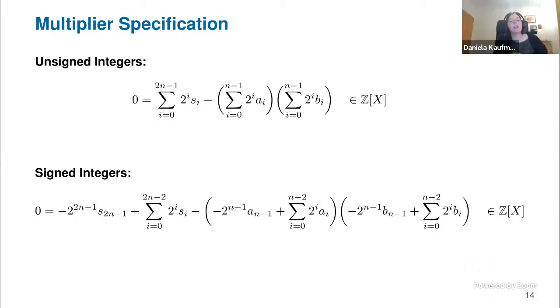So when we encounter monomials with coefficients larger than the largest coefficient in the specification, we reduce modulo that coefficient. This helps for certain multiplier architectures, and with that we are also able to verify truncated multipliers, where we cut off the most significant output bits.